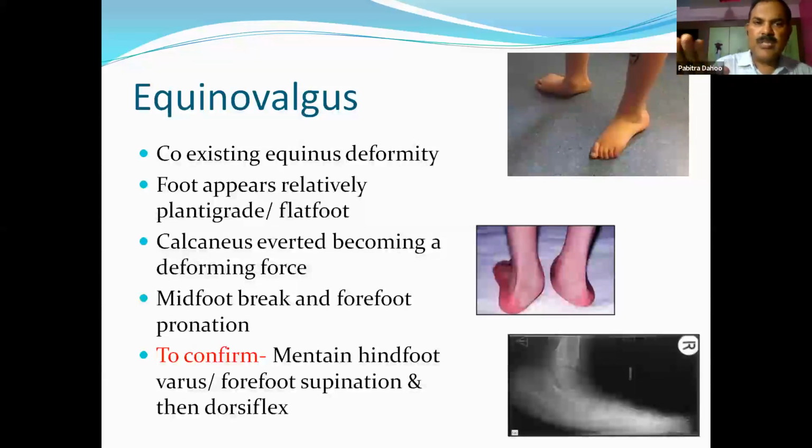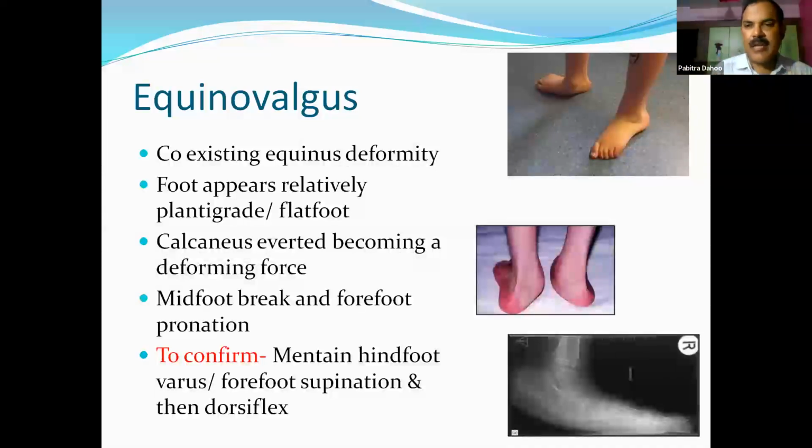Okay, so this is how the equinus foot started. There will be a calcaneal eversion that exaggerates the deformity. Once the calcaneus is everted, the talonavicular axis and calcaneal axis become parallel. That makes the foot completely supple, and there will be a metatarsal break.